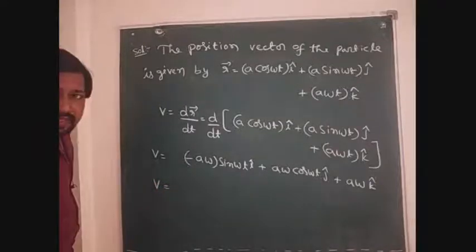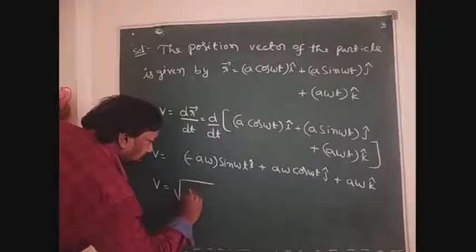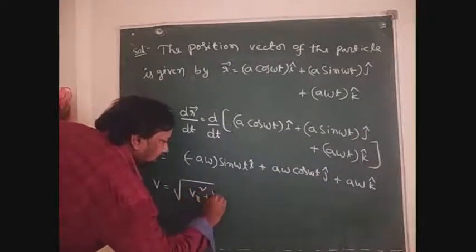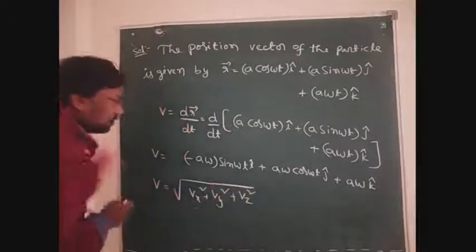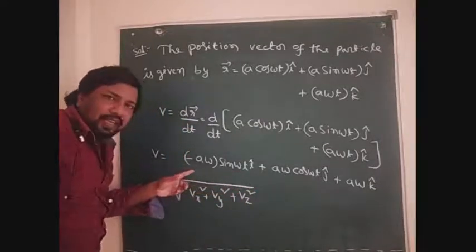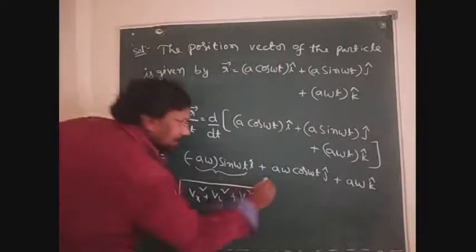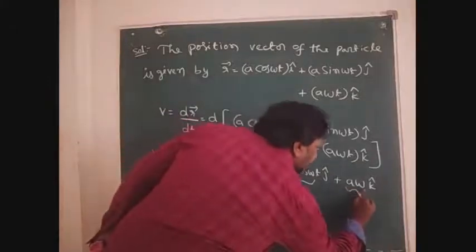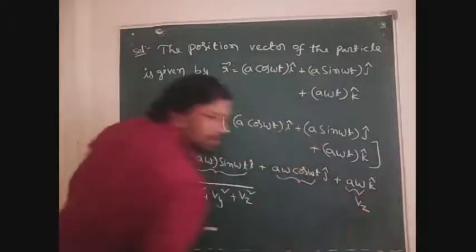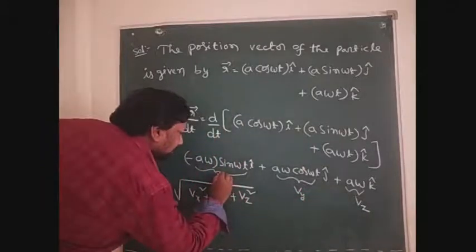Now we can find the magnitude of the velocity. Here v equal to root over vx square plus vy square plus vz square. In this equation, this is the vx, this is the vy, and this is the vz.